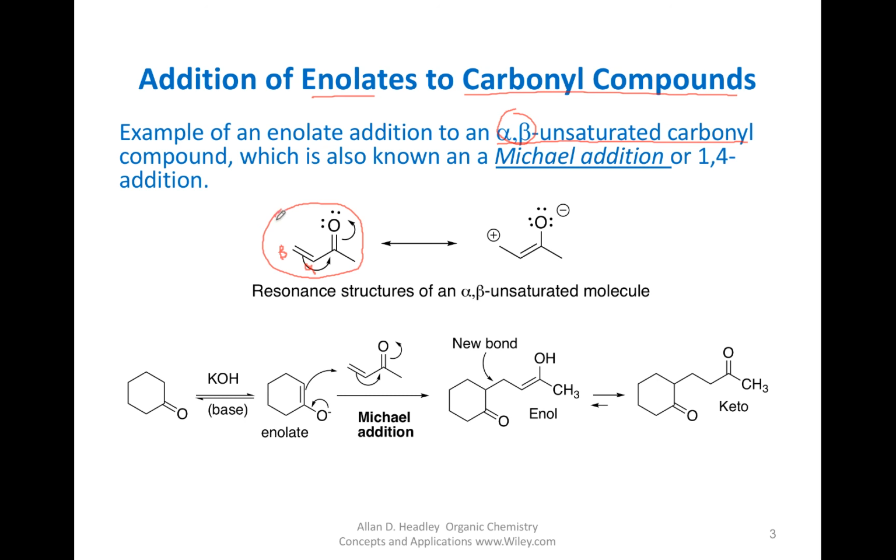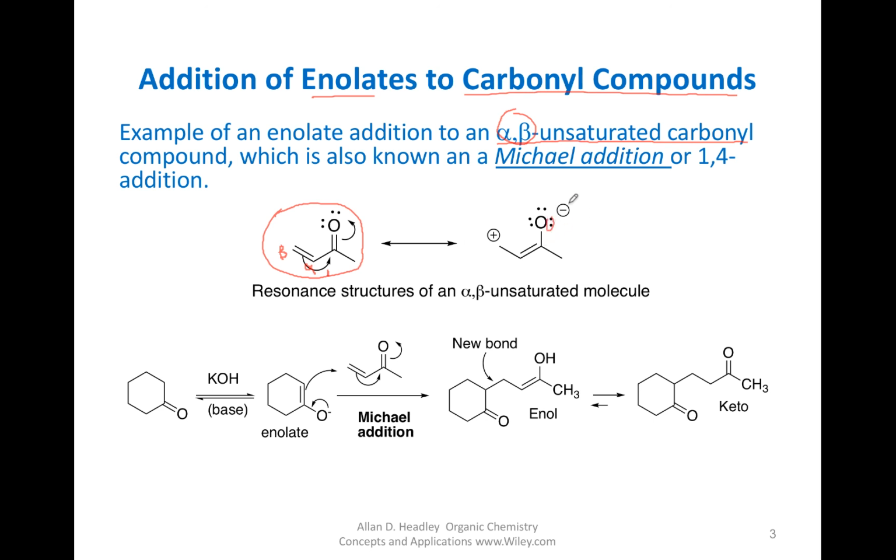Let's look at the resonance structure. You can draw the resonance structure putting a negative charge on the oxygen by moving these electrons, as shown with these arrows here, onto the oxygen.